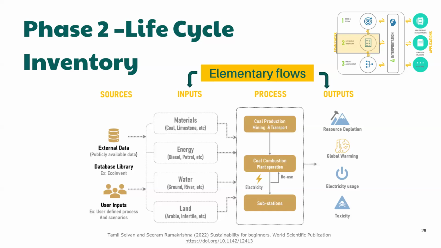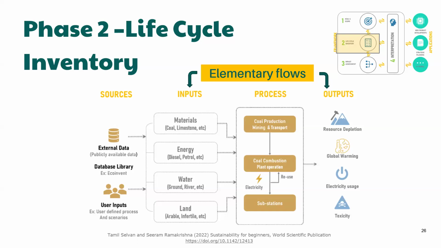Let's say if you take a coffee cup, you have materials, water, and other input derived from the environment. And at the same time, you have to precisely map out the output of your process, like wastewater. So how do you collect this information? You can collect this information from different databases. These are the key things you have to follow while designing a detailed life cycle inventory.